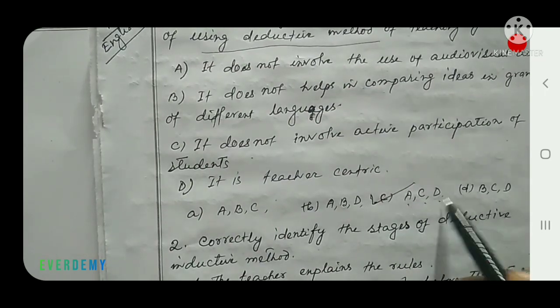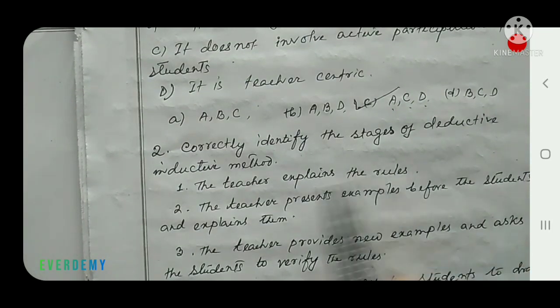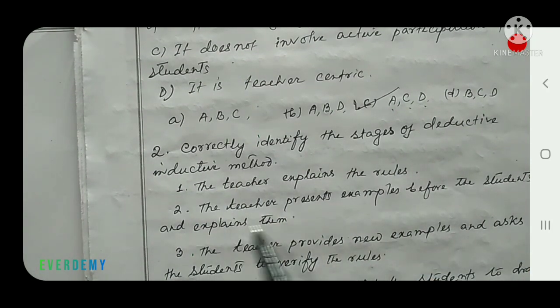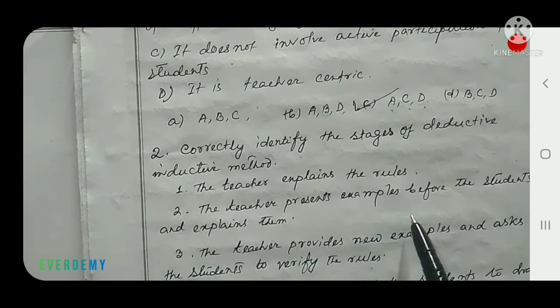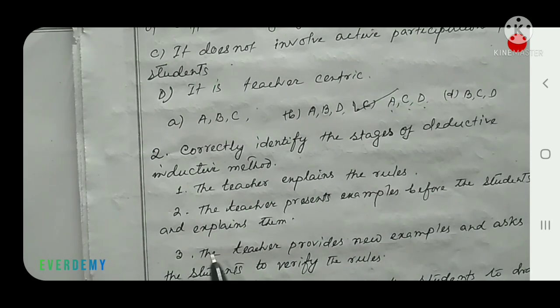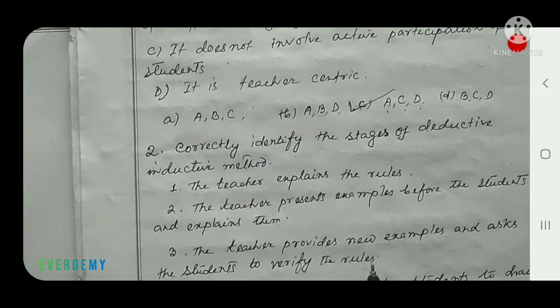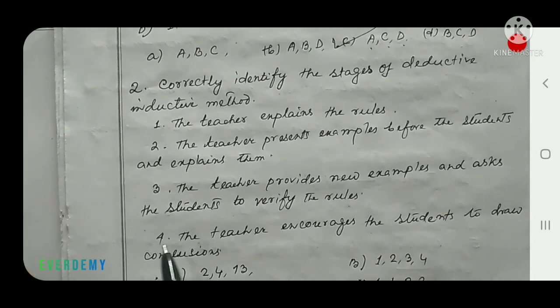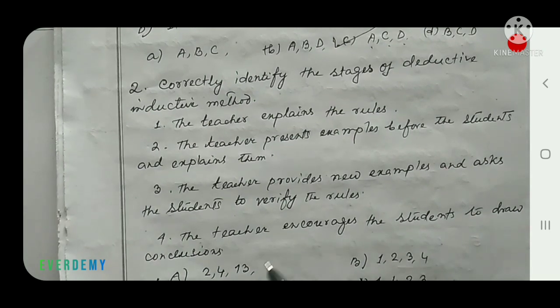A, C and D. Next, correctly identify the stages of deductive and inductive method. 1, the teacher explains the rules. 2, the teacher presents examples before the student and explains them. 3, the teacher provides new examples and asks the student to verify the rules. 4, the teacher encourages the student to draw conclusions.